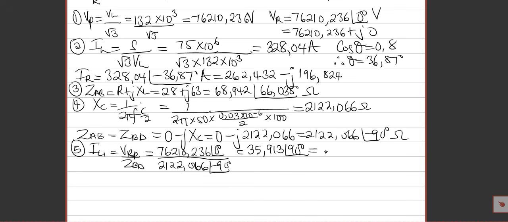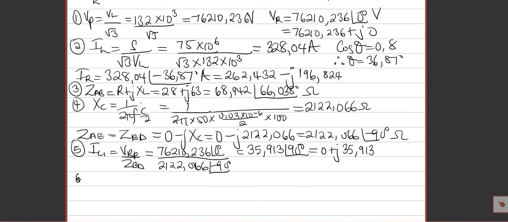We'll convert it to rectangular form. It will give us 0 plus j35,913.